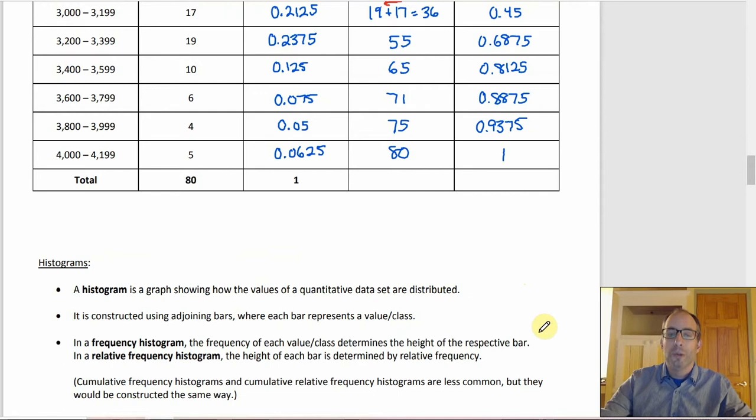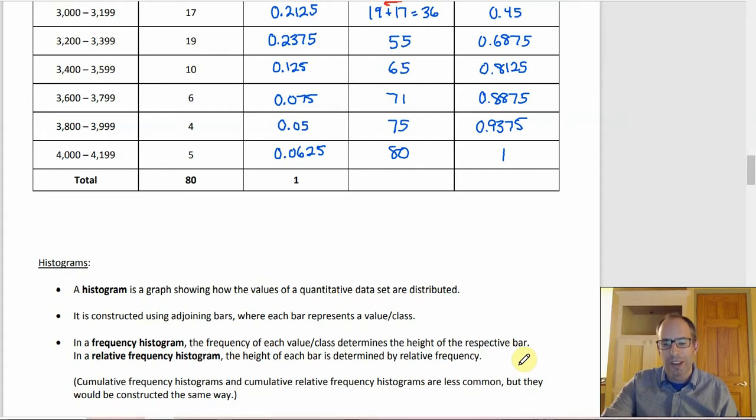And then with a frequency histogram, which I guess would be a frequency distribution turned into a graph, you would look at your frequency table, and whatever the frequency is tells you how tall you have to make the bar. And then with the relative frequency histogram, you can do the same sort of thing. You would basically be making the same graph.